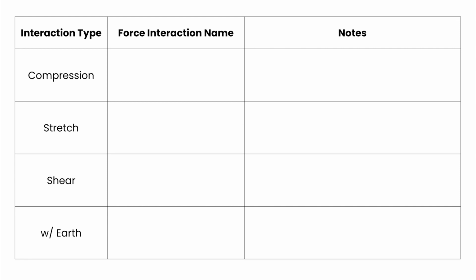And so when you're compressing something, right, you're pushing things together against each other, and that force interaction is called a normal force. All right, so it is a pushing together, a push interaction. You can see that the particles of something would be coming together.